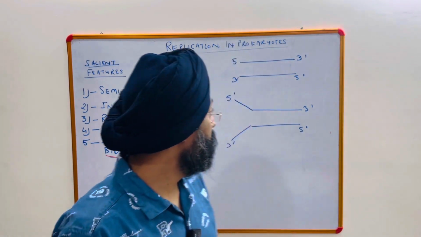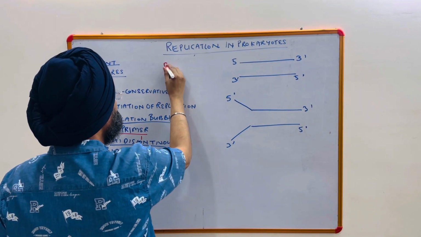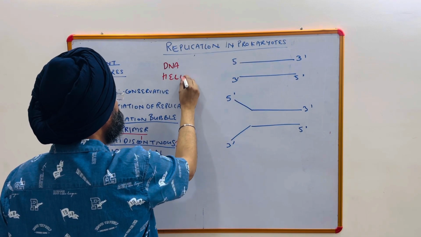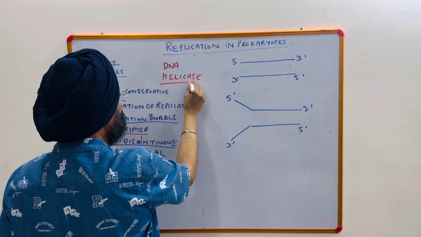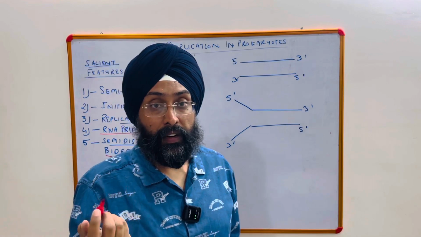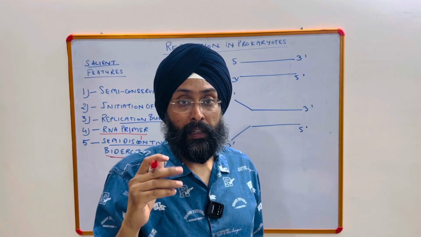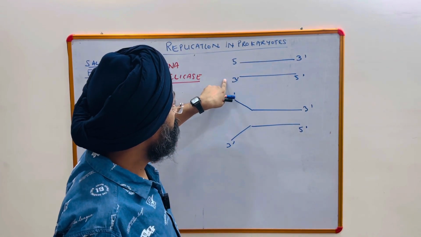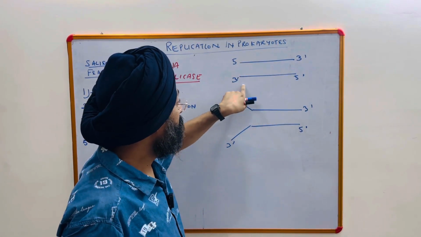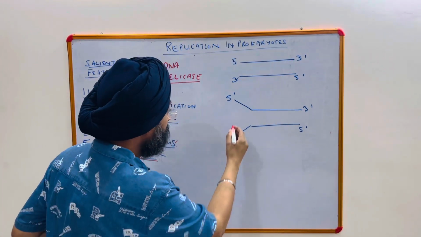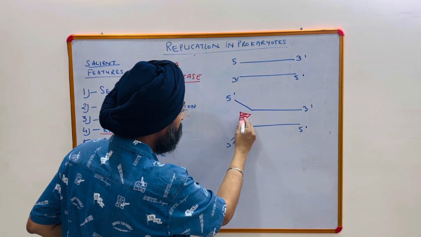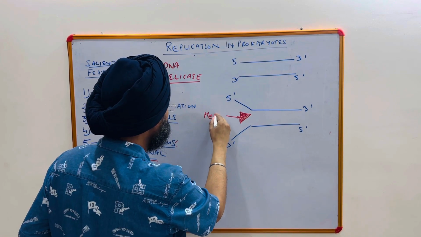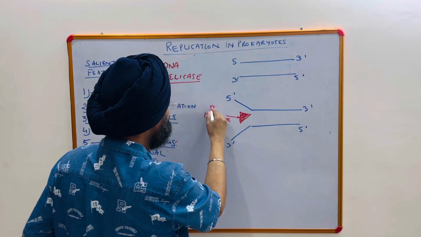Now I will start with the role of DNA helicases, right? Helicase means to unwind, right? To form a replication bubble, there is formation of a replication fork. So there is normal DNA, which is 5 prime to 3 prime and 3 prime to 5 prime, right? So here, when we form a replication bubble, a replication fork, there is attachment of this enzyme DNA helicase, right?